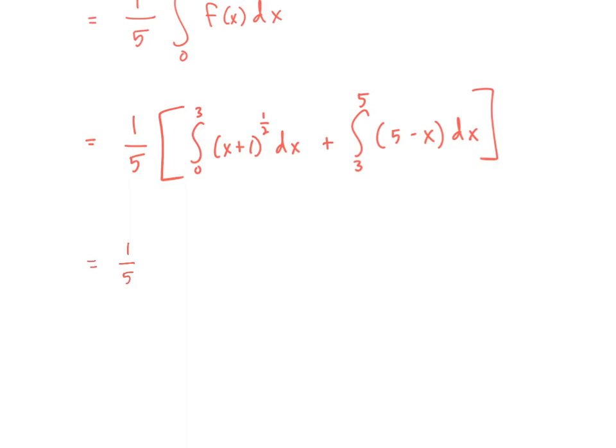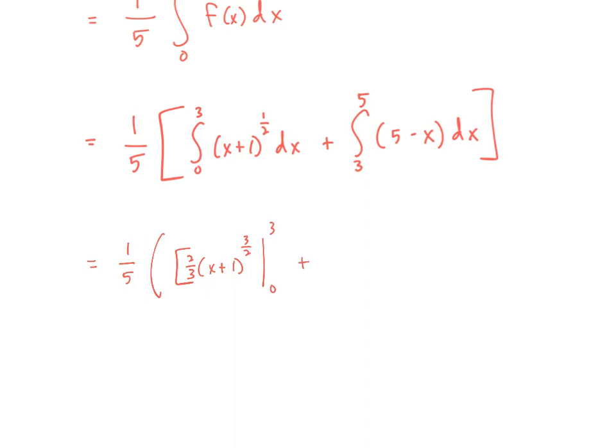Okay, actually I'm going to use big parentheses because we'll use brackets for that. The integral of x plus 1 to the 1/2 is x plus 1 to the 3/2 times 2/3, and that'll get evaluated from 0 to 3.